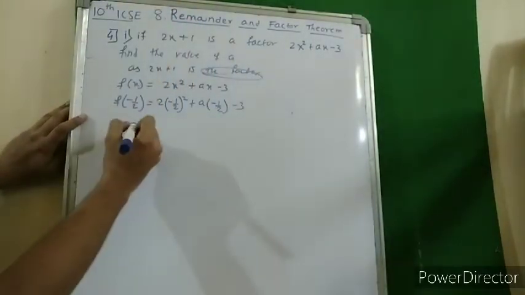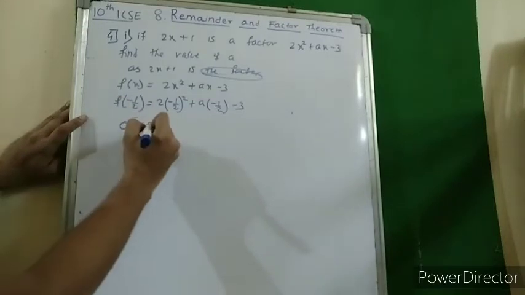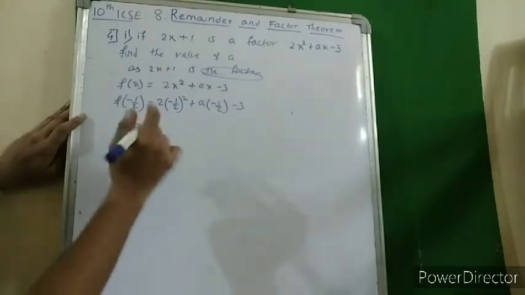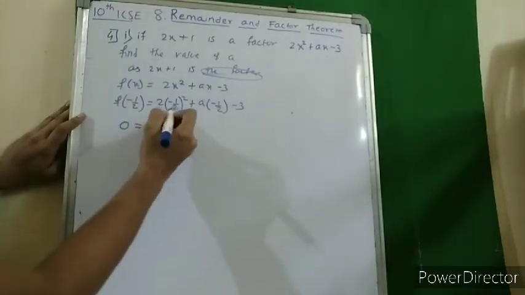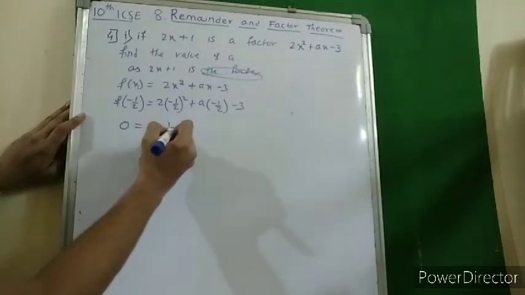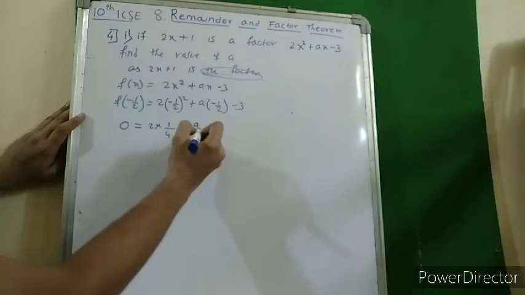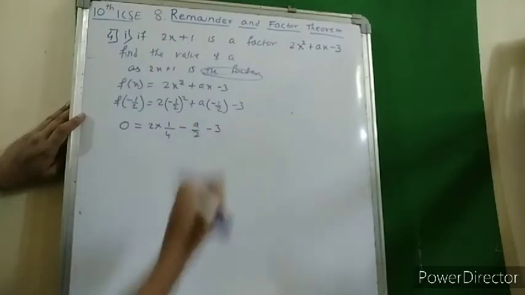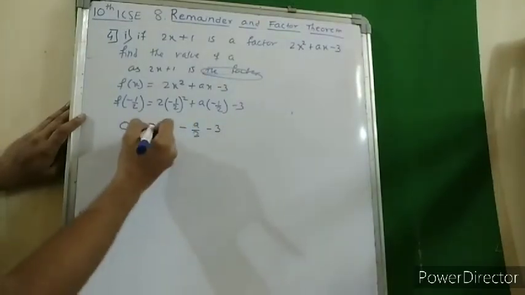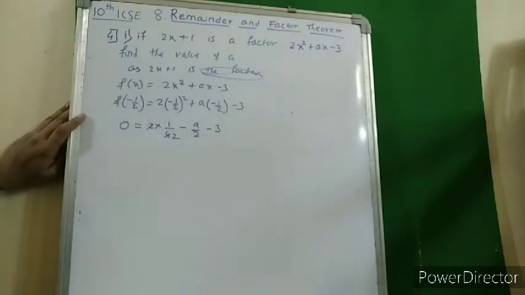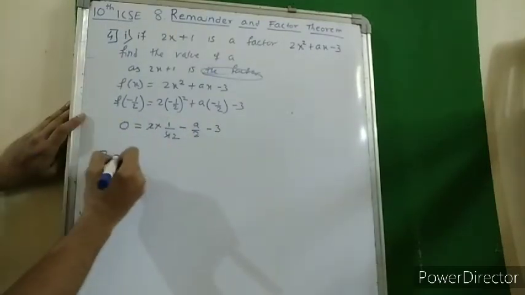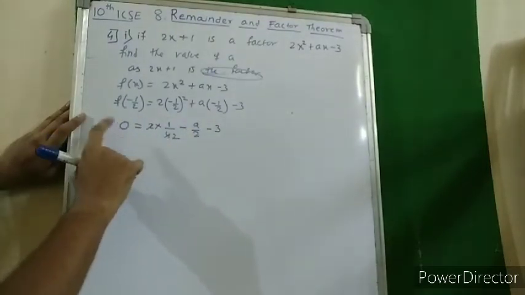Okay, as it is a factor, it is equal to 0. So 2 multiplied by minus square is plus, so it is 1 upon 2 square is 4. Minus plus minus, we have a upon 2 and we have minus 3. So 2 ones are 2, 2 twos are 4, minus 3 will go there and become plus 3, as it is 0, only 0 over here.